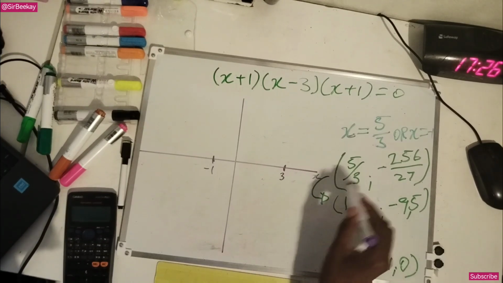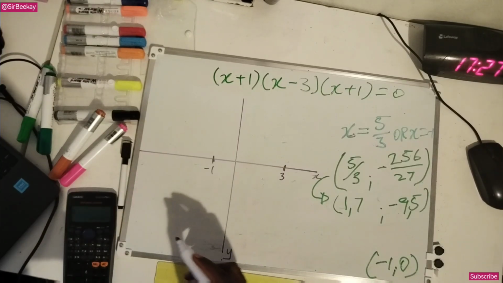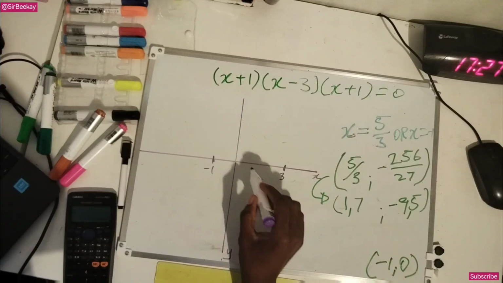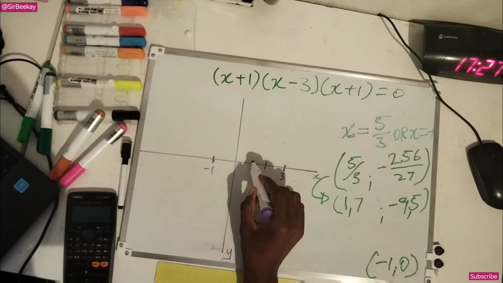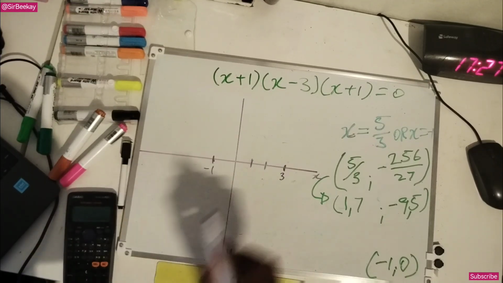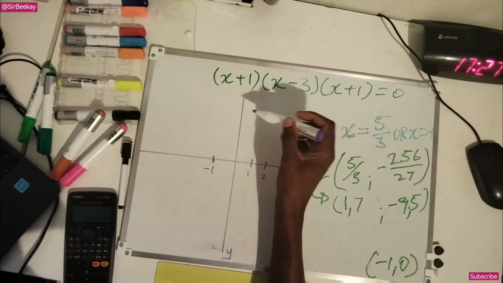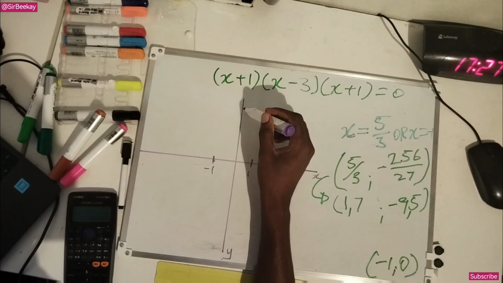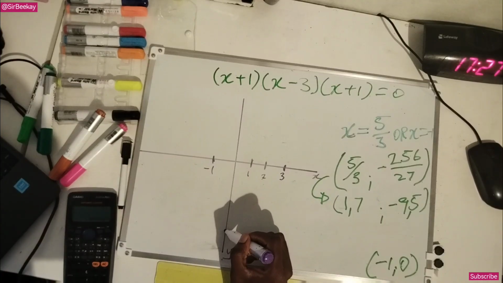And then the next thing is the 1.7, x being 1.7. And then the minus 9.